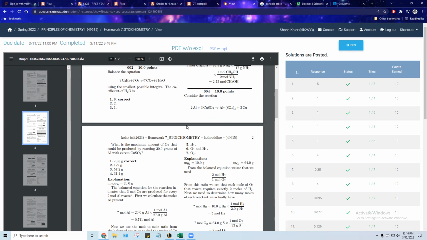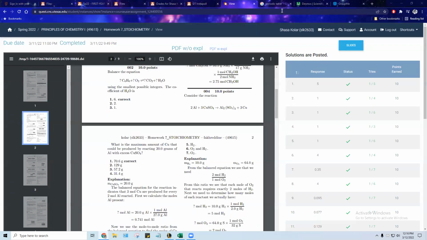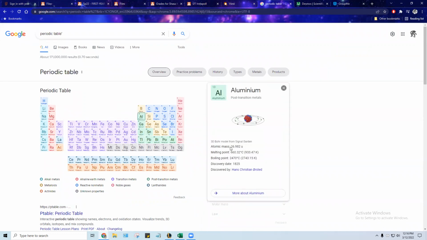So we start out with 20 grams aluminum. And then the weight of aluminum is about 26.98, I believe. Yes, 26.98.